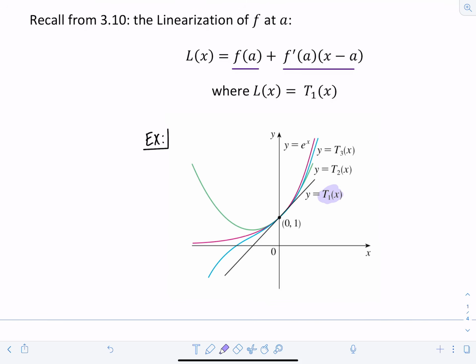Now we have T sub 2 of x. That's a parabolic function, right? Because it's going to be a degree 2 polynomial. The parabola on this side doesn't really closely resemble e to the x, but it does match up the function values of e to the x a lot better than the linear function. If you increase the degree to 3, then I have T sub 3 of x, my third degree Taylor polynomial.